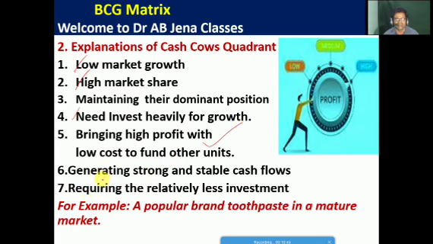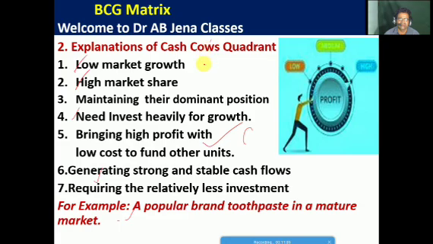Here the business generates strong and stable cash flow. Similarly, the business requires less investment in this quadrant. For example, a popular brand of toothpaste in a mature market.